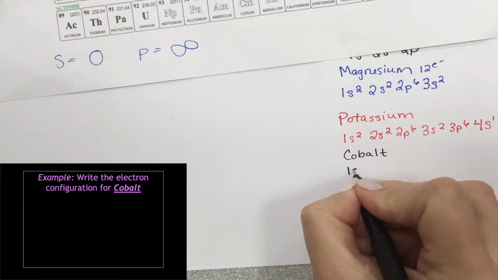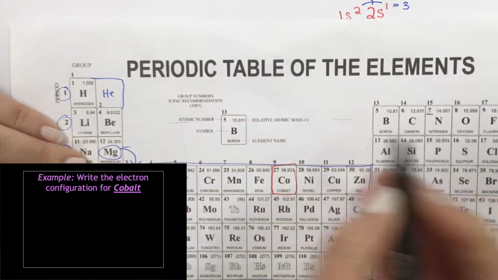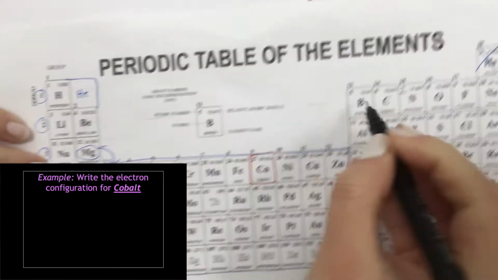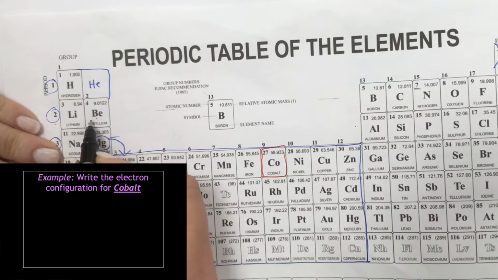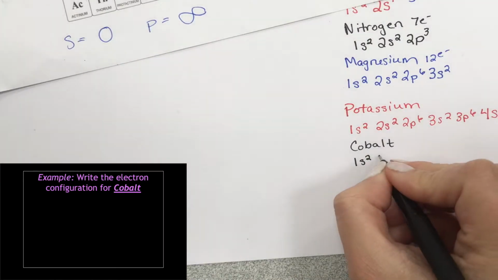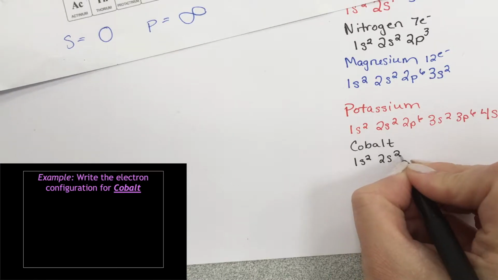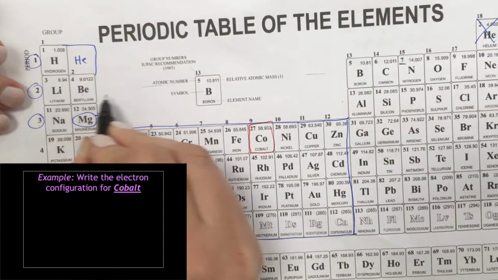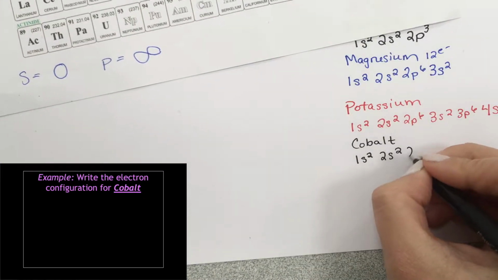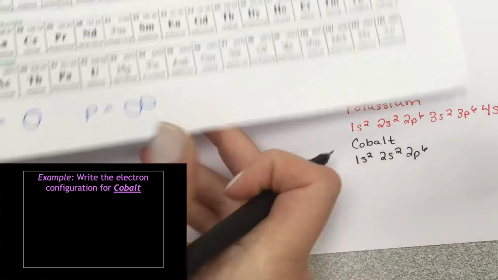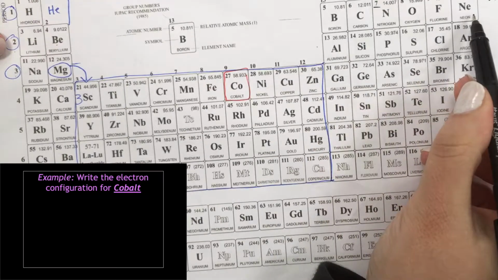So cobalt is 1s2. And then 2s2, because there's nothing over here anymore in the first energy level for P. Then we jump over here to 2p6, and that's it for the second energy level.